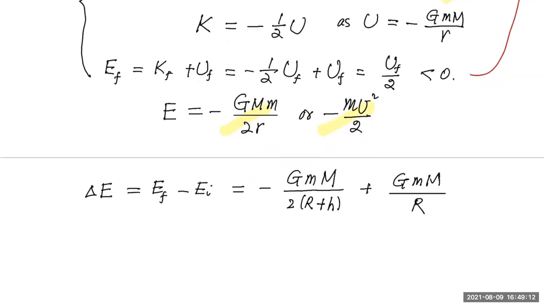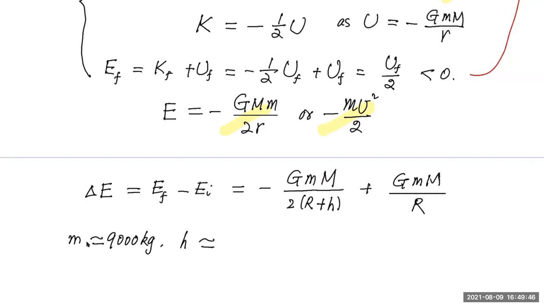So you have to plug in some data. So small m is about 9,000 kilograms. Okay, 9 metric tons. And h is about 400 kilometers. You know the radius of the Earth, 6,400 kilometers. And of course, the mass of the Earth, you know what that is.